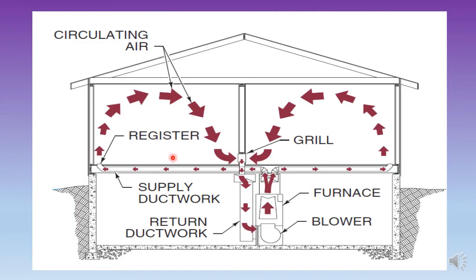Okay, this is a schematic diagram for a space with installed ductwork, and as you can see here, we have supply ductwork, and we have a register to channel the ready conditioned air, the supply air, into the space, and then it will go to the return ductwork via grills.